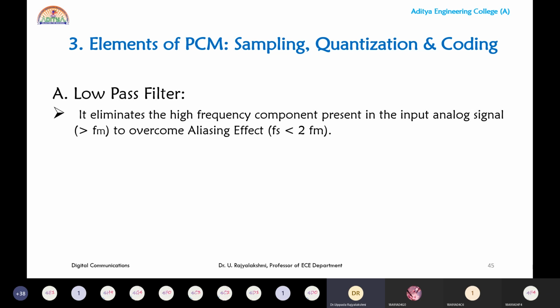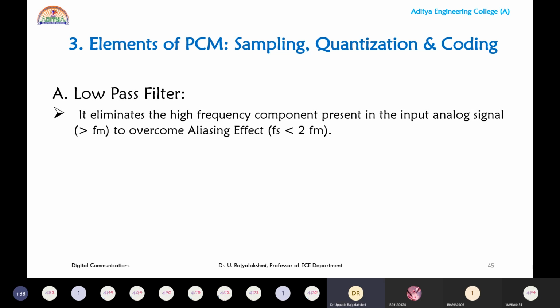So the low pass filter eliminates the higher frequency components present in the input analog signal.